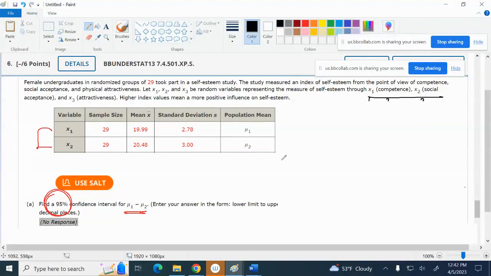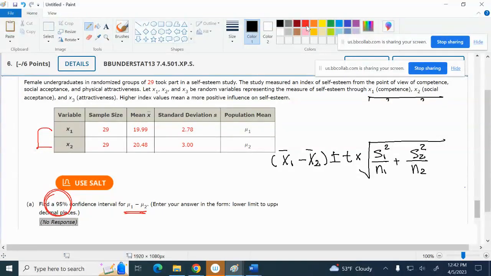The formula must be x1 bar minus x2 bar, and you have to take the t-score from the t-table, and s1 square over n1 plus s2 square over n2. When I plug the statistics into the formula, it must be 19.99 minus 20.48. Please give me the t-score later.